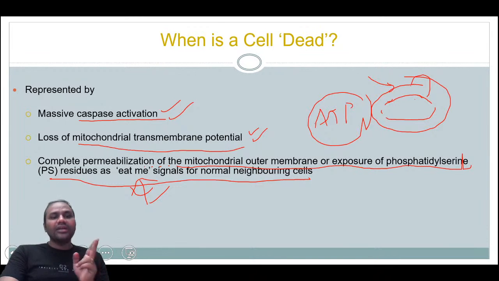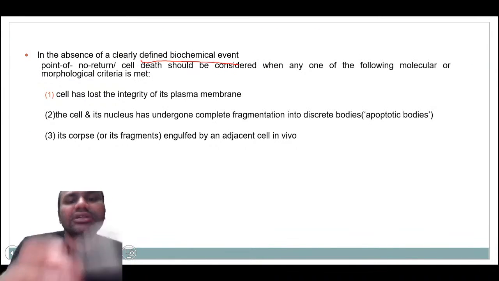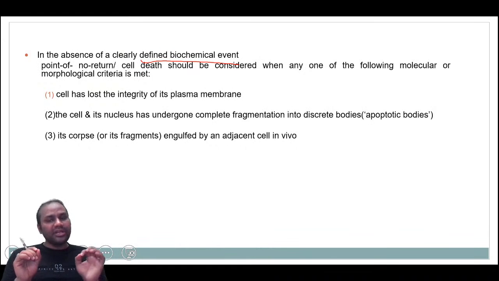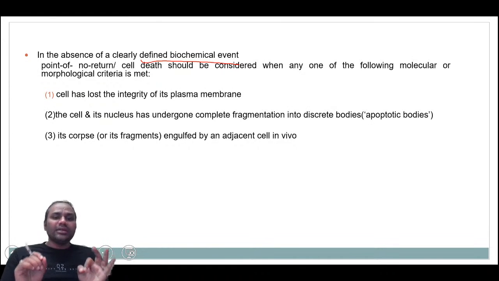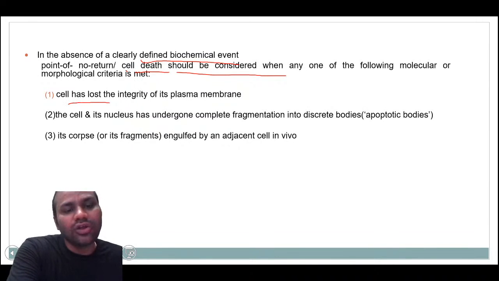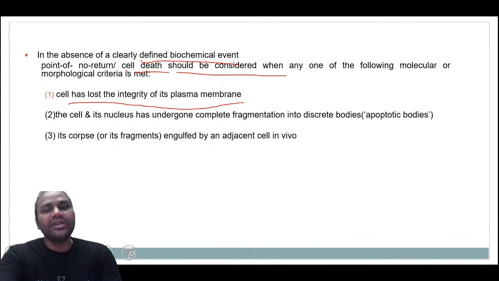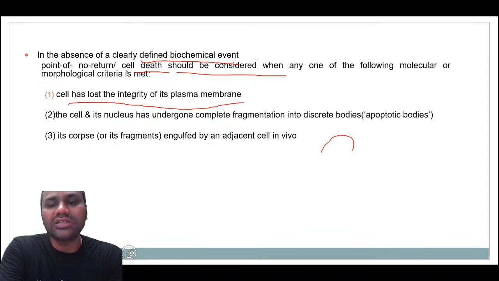Similarly, in the absence of clearly defined biochemical events, the point of no return or cell death should be considered when any one of the following occurs. The cell has lost the integrity of its plasma membrane; membrane distortion and membrane breakage are the hallmark.